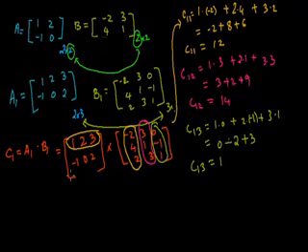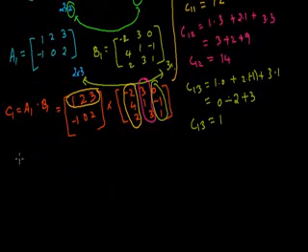Now the second row. Let us scroll down a bit. C21. Second row, first column.